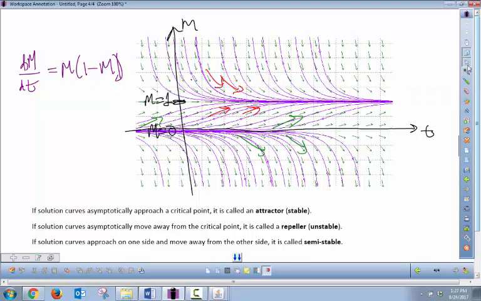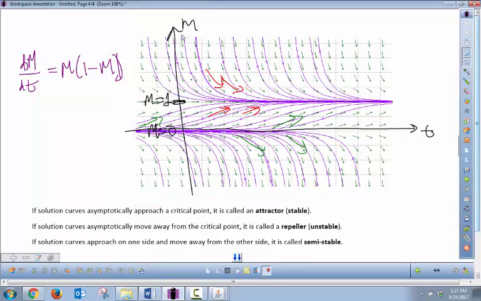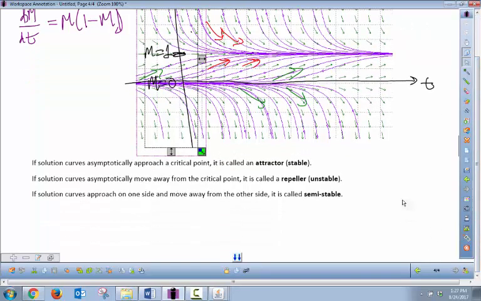So, in any case, now that we have this idea of attractors and repellers and autonomous differential equations, these autonomous differential equations really just depend on a dependent variable and not the independent variable.